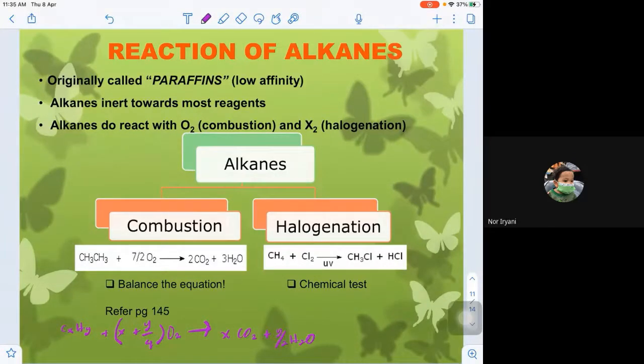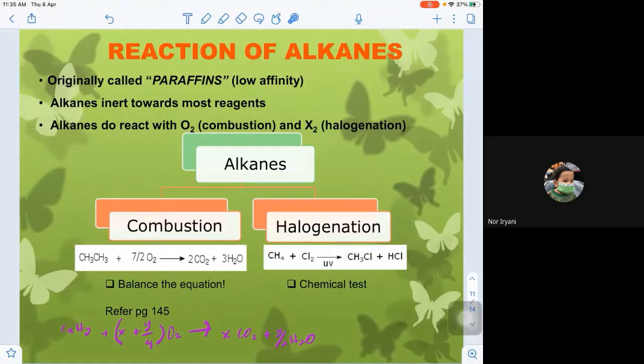Which one do you prefer? You want to memorize this formula, x plus y over 4, y over 2? Or you just want to use the method that you have applied before to balance the chemical equation. That is on the combustion reaction.